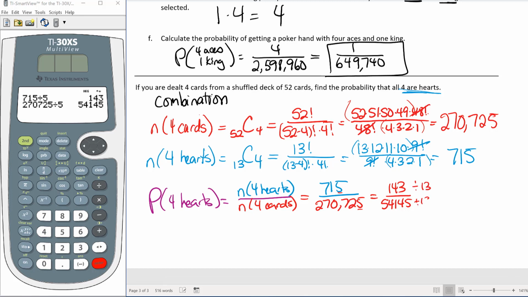I can divide by 13. So I'm going to go ahead and do that. 143 divided by 13 comes out to be 11.